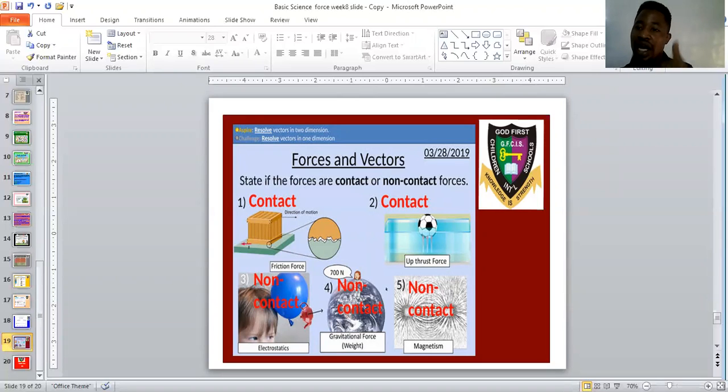I also said another type of force is non-contact force, which is the force experienced when an object does not need to come in contact with the object it is applying force on. For instance, everything that goes up must come down. Throw a pen up, it falls down. There is a force that pushes that pen downward, and that force is gravitational force.